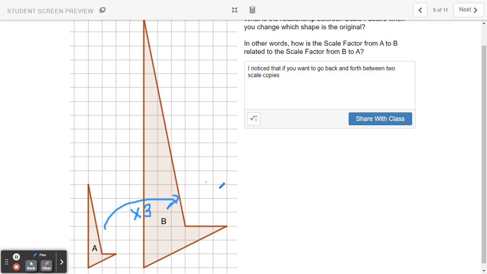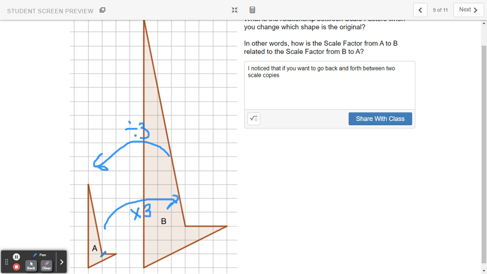Now, if we go back to our original thinking, way before we knew how to find the scale factor, some of you might have said that if this was the original and it was 3 and then we went to 1, that's dividing by 3, right? Which, again, is where we have to go back to the whole thing with scale factors: not how we divide, it's how we multiply.